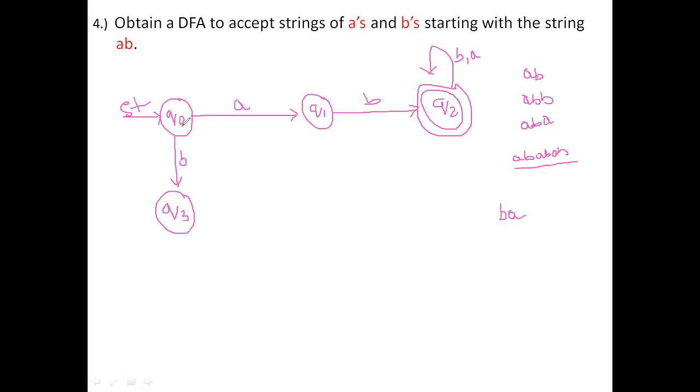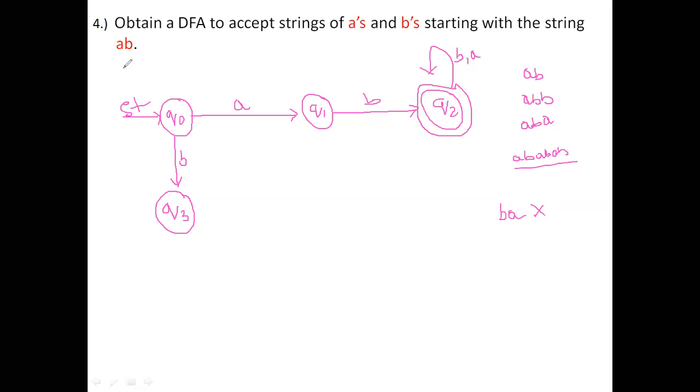Now Q0 on receiving B. If the string is not accepted by this particular DFA, like BA, then we need to move towards the trap state. Then we are not reaching the final state, so obviously it will be rejected. Clear?